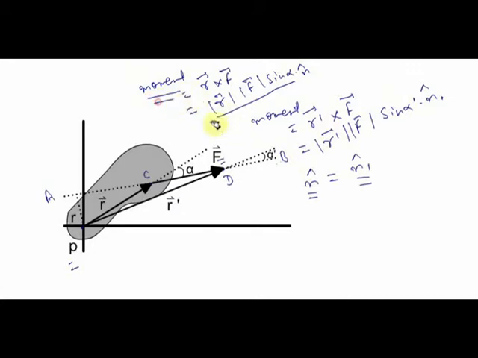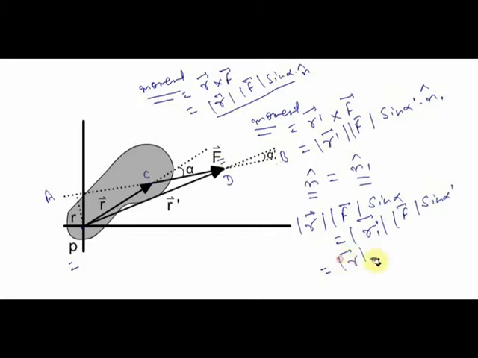So in order that both these two moments are equal, we'll have to prove that mod r into mod F sine alpha is equal to mod r dash into mod F into sine alpha dash, or mod r into sine alpha is equal to mod r dash into sine alpha dash.